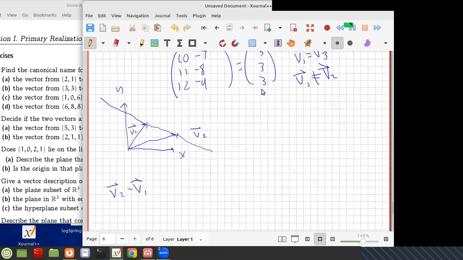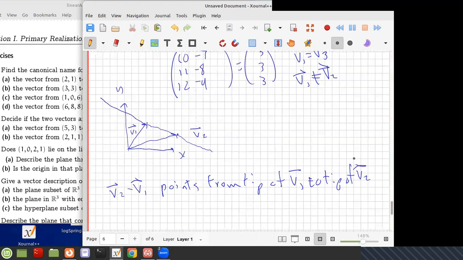Because I haven't, okay, this difference here points from tip of V1 to tip of V2. So this vector here is this one here.